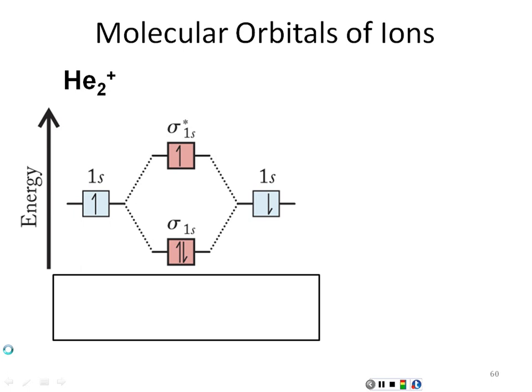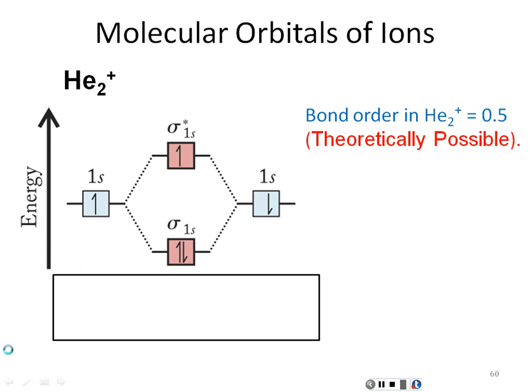Right. So we've looked at diatomic molecules. What if we looked at some diatomic ions? We saw that He2 has a bond order of 0. What if we had He2 plus? That's a He2 molecule with one less electron. By molecular orbital theory, He2 plus has a bond order of 0.5, so it's theoretically possible.